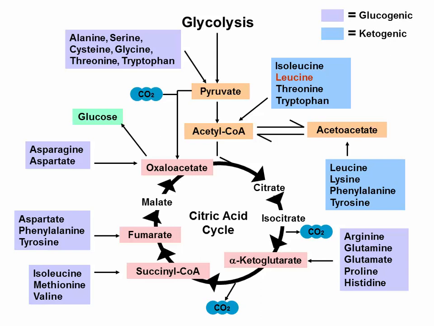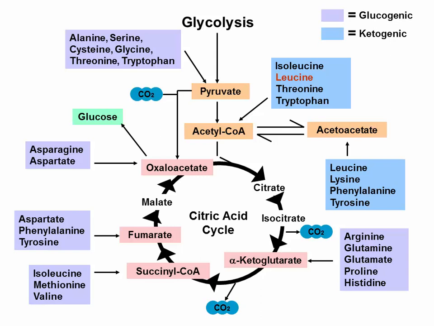So if you see leucine, I've highlighted in red, again on blue, my apologies, because that's not the easiest to see. Leucine only gives rise to first acetoacetate, which is 4 carbons, and then acetyl-CoA, which is 2 carbons. It just does not show up anywhere in the TCA cycle.